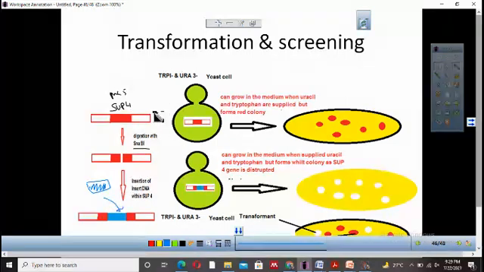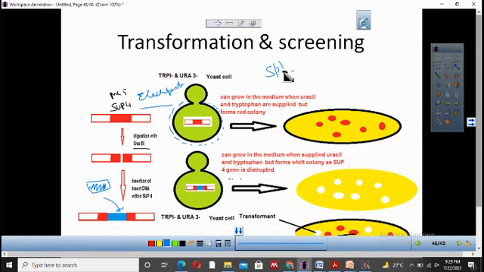It is then introduced by electroporation, but first you have to treat the cells with a chemical agent that breaks the cell wall, and when the cell wall is broken, it is called a spheroplast.